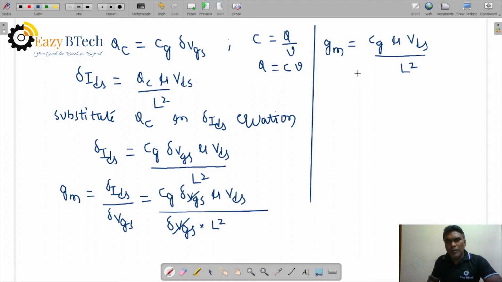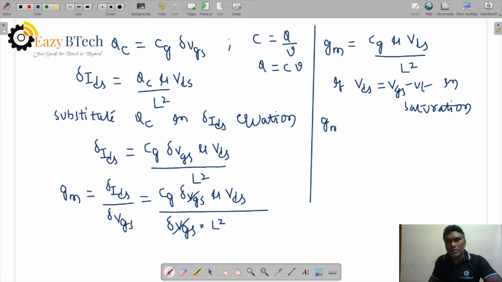Okay. Now if saturation region, VDS is equal to VGS minus VT. This is in saturation region.